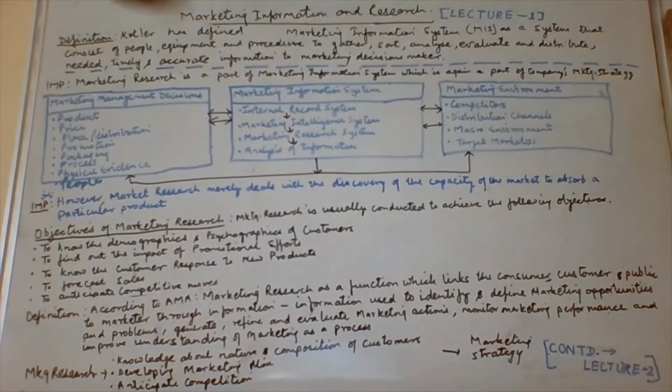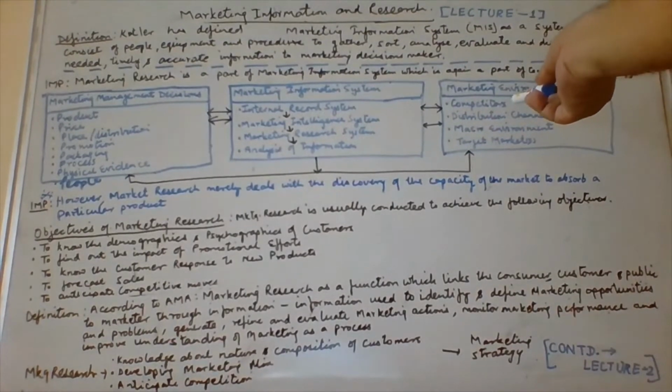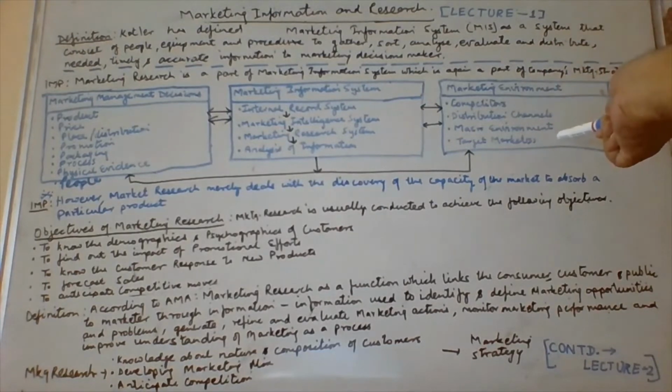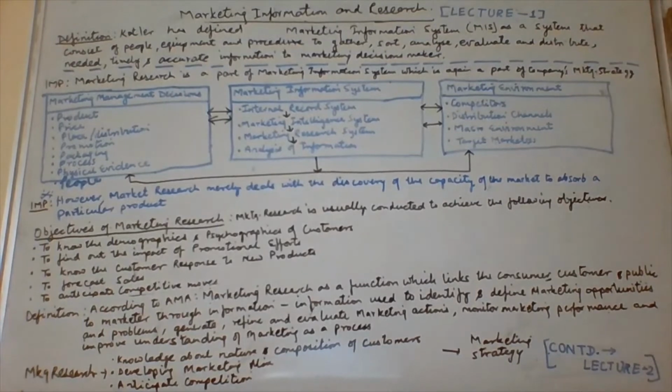This information system is based largely on studying the competitors, the network, the distribution channels, the macro environment, and the target markets to whom the product is intended to be sold, or where to look for appropriate customers for my product, or the product for the organizations.